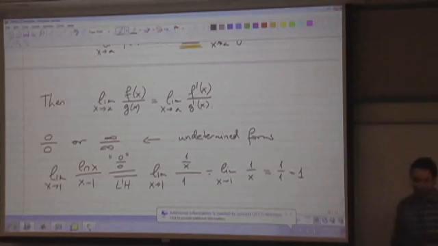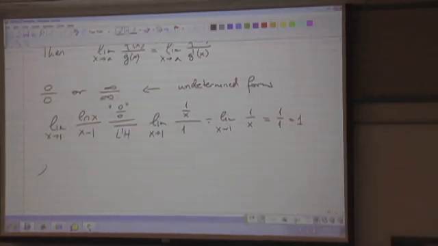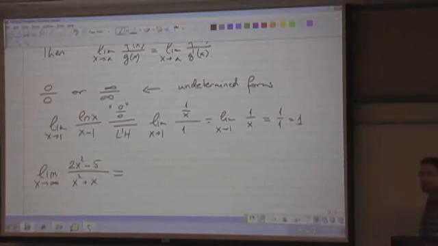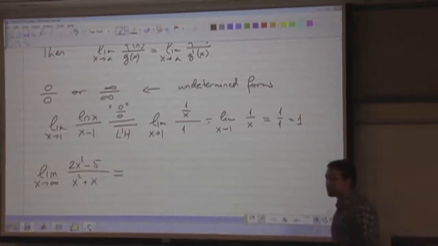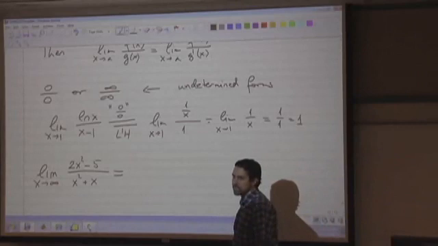Now, what is the limit as x goes to infinity of 2x squared minus 5 divided by x squared plus x? 2.